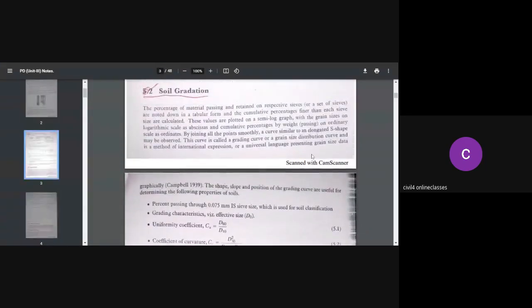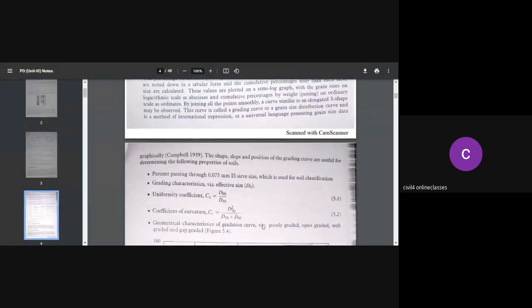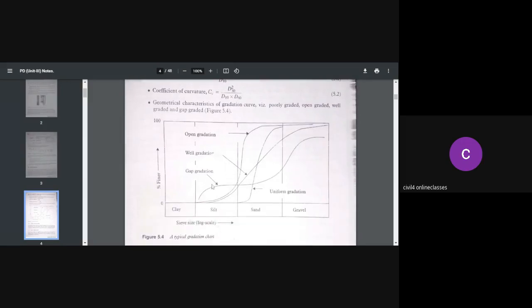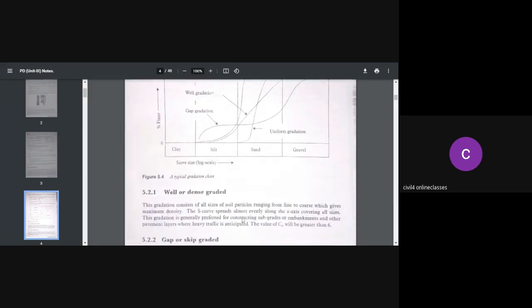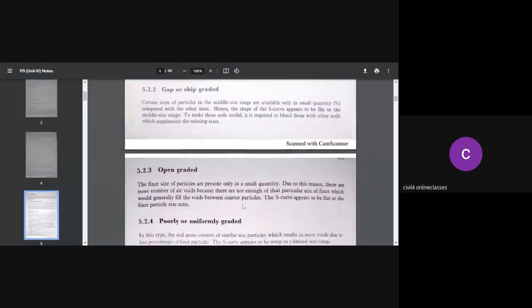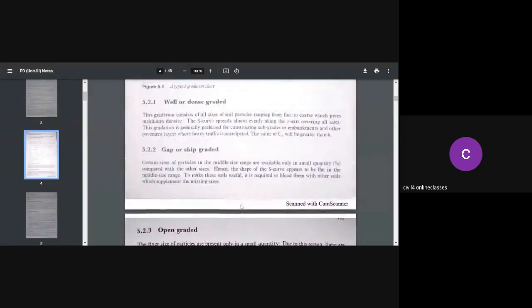Next, coming to soil gradation. This also you already studied in your geotechnical engineering subject. You will be having the uniformity coefficient of soils, the coefficient of curvature, the formulas. There will be different grades of soils like well or dense graded, gap or skip graded, open graded, and poorly or uniformly graded.